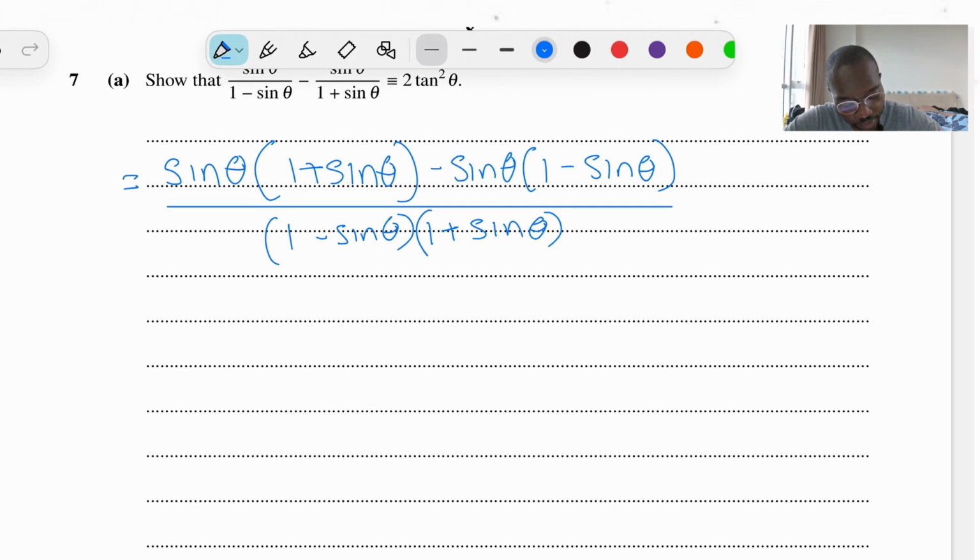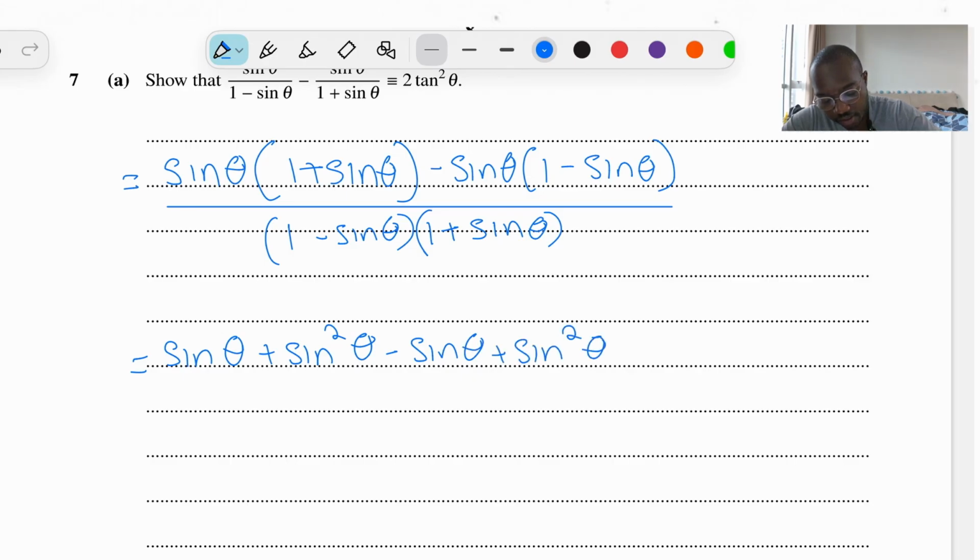So if we expand the brackets out, then we get a sine theta plus a sine squared theta minus a sine theta plus a sine squared theta.